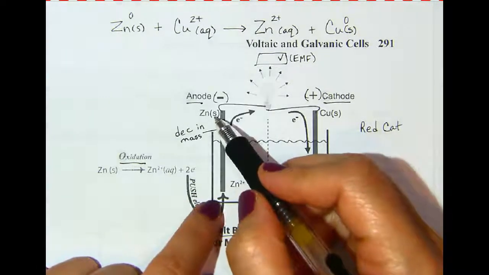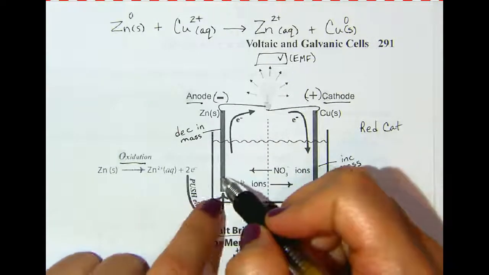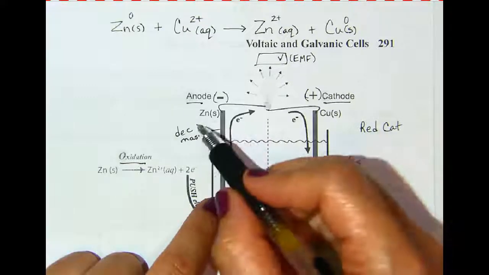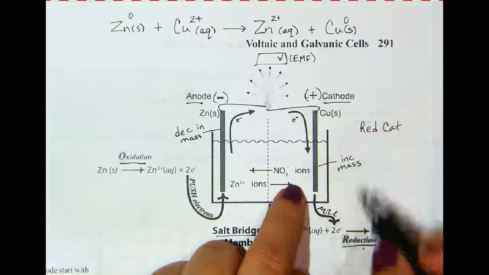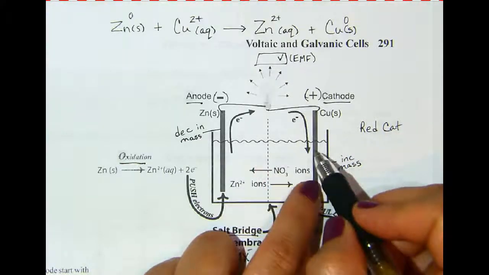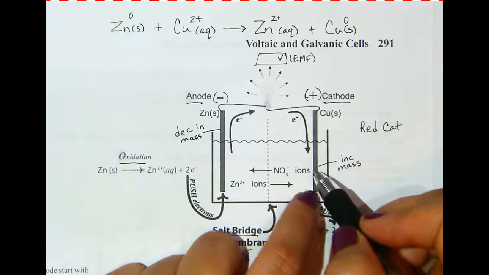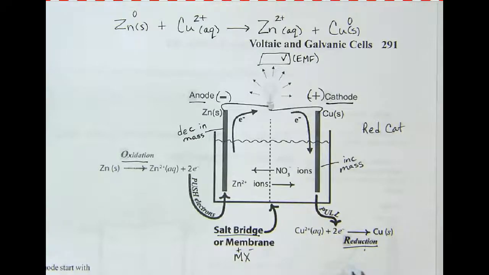Because the zinc is changing into aqueous ions, we expect the zinc electrode to decrease in mass. And because the copper +2 aqueous ions are taking these electrons and forming into the solid copper electrode, we expect this to increase in mass. So a voltaic cell is an electron pump that can generate electricity from spontaneous redox reactions.